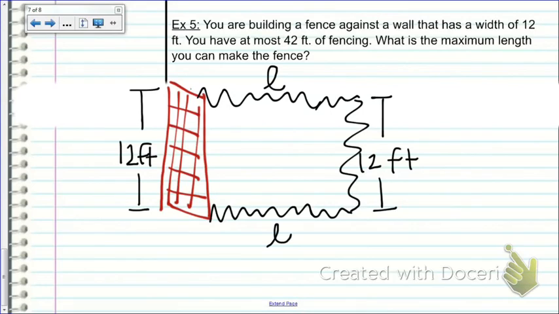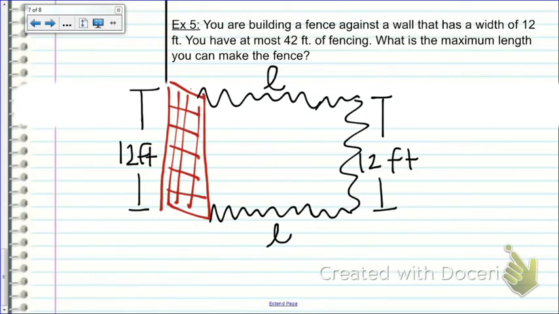Okay? So let's talk about this problem and what we have and what we still need. So if I am building a fence, that means I'm using what type of measure? Feet. Am I finding the area, the perimeter? What am I looking for?